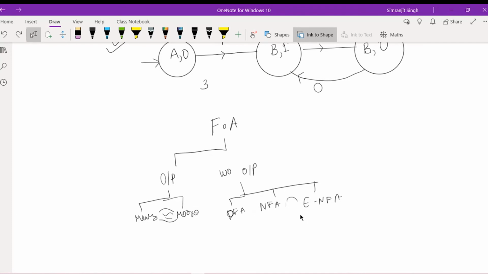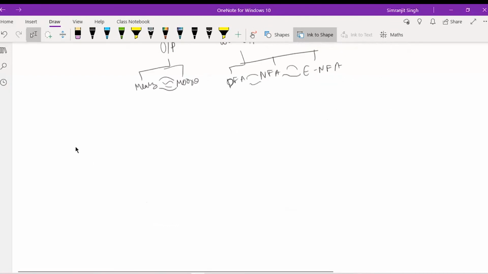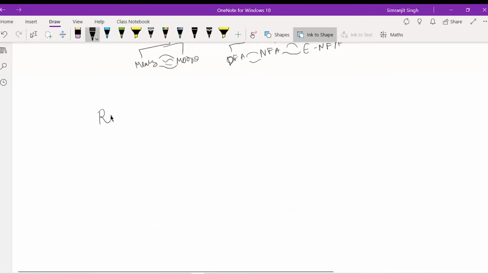All of these finite automata accept a particular language, and that language is called a regular language. What is a regular language? First of all, a regular language is generated by a regular grammar.